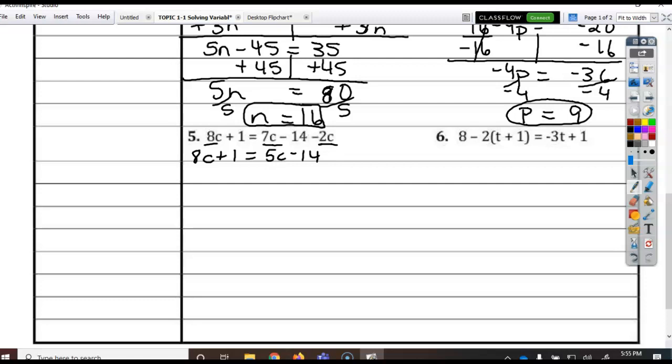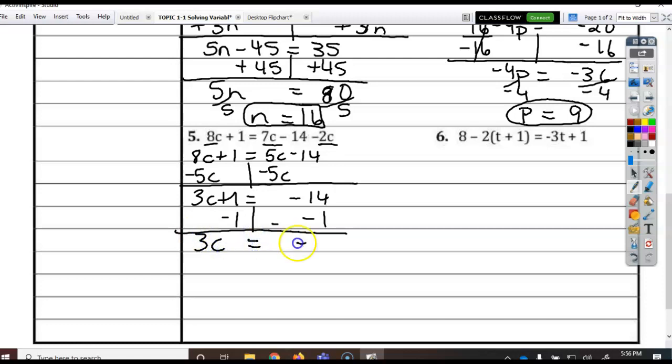So we're going to go ahead and move our letters to the left. Get 3c here plus 1 minus 14. Okay, numbers to the right. I get 3c equals negative 15. Divide by 3. And c equals a negative 5.